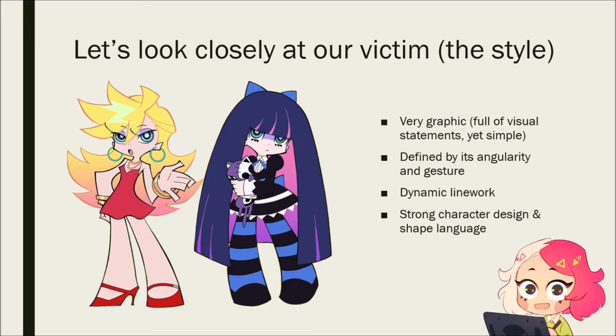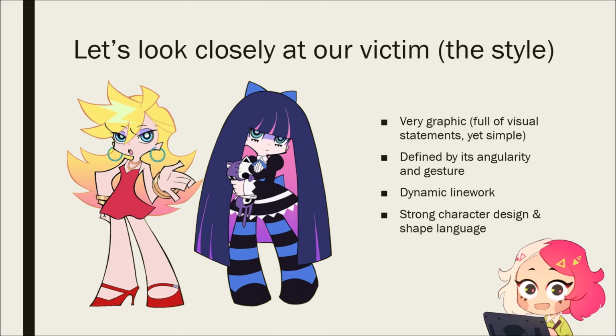So, let us look closely at our victim, which is the Panty and Stocking art style. I will touch on a few general areas I would like to focus on, and then during later parts of this presentation, we will go down this list and talk about every single aspect listed here.